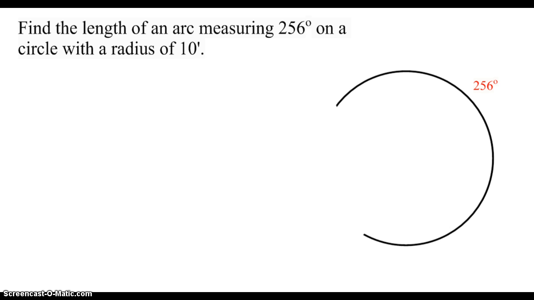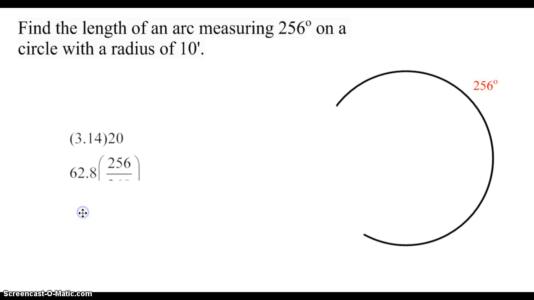With that same concept in mind, I'd like you to try the problem on your own. You have an arc. Instead of just being a quarter of the circle, we want to go 256 degrees out of 360 instead of the whole circle. So go ahead and try that problem. To find the circumference of the entire circle, we would take the radius 10, multiply it by 2, 20, and take 20 times 3.14.